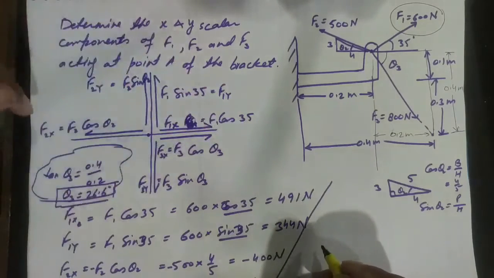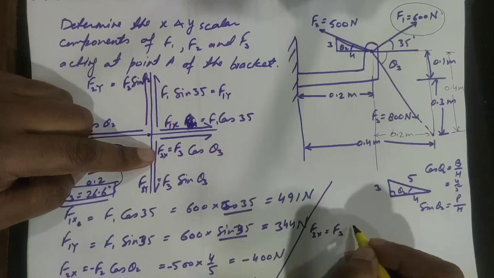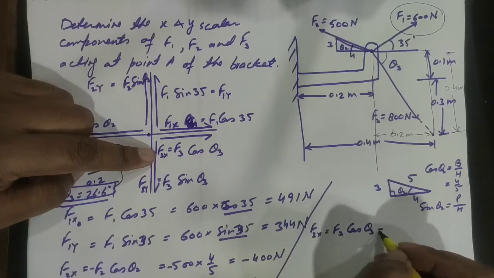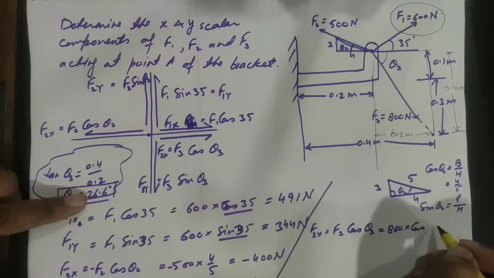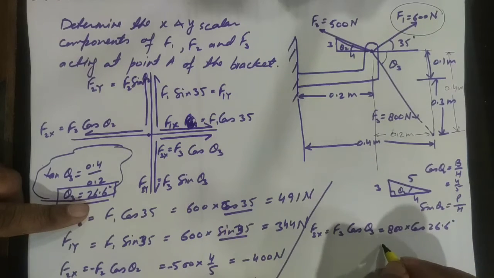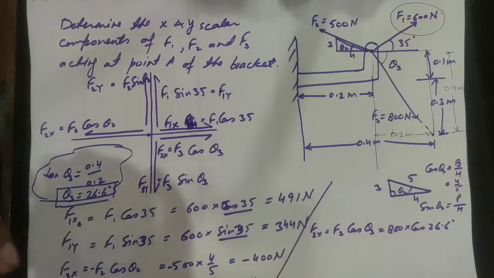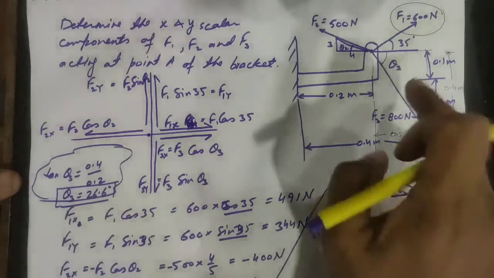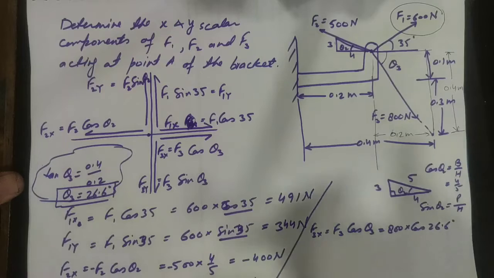So we can put over here f3x is equal to f3 cos theta 3. The value of f3 is 800, cos theta 3, cos 26.6 degree. No, that angle will be, let me check from the calculator.